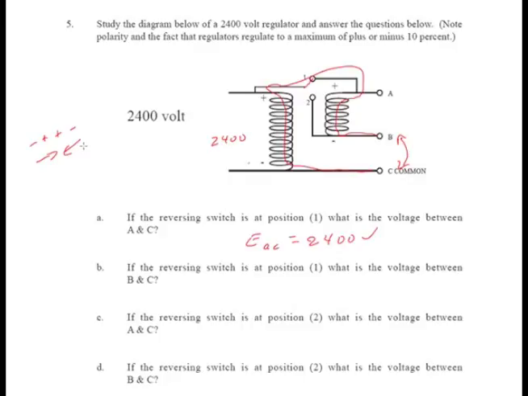So how do we find this voltage from B to C? It has a maximum of plus or minus 10%. So we're going to say this voltage is 10% of this voltage. So the voltage A to B is 10% of 2400, that's 0.1 times 2400, which is equal to 240 volts.